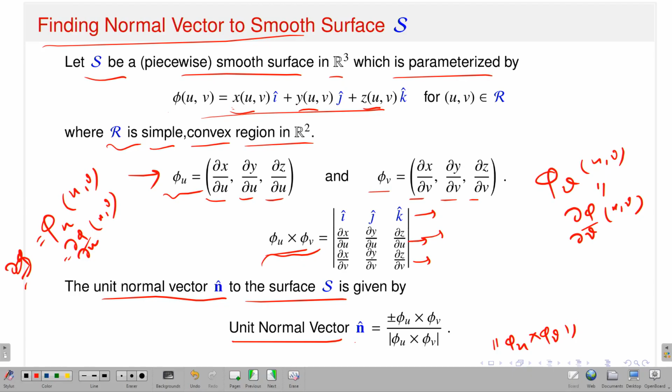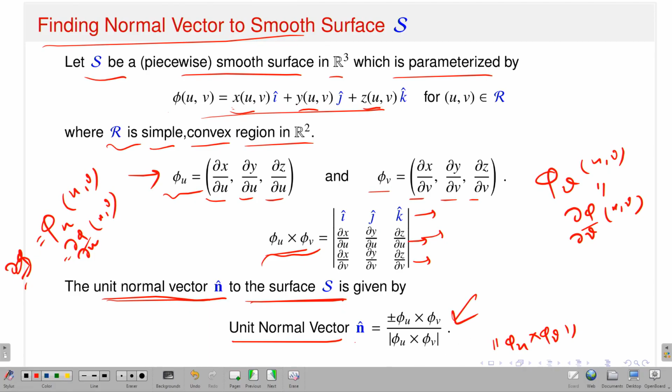So if I have a smooth surface with my parametrization phi, then I have phi u and phi v. You take the cross product phi u cross phi v, this will give you a vector. Then I define the unit normal vector n cap to my surface S by this formula, which is nothing but phi u cross phi v divided by the norm of phi u cross phi v.